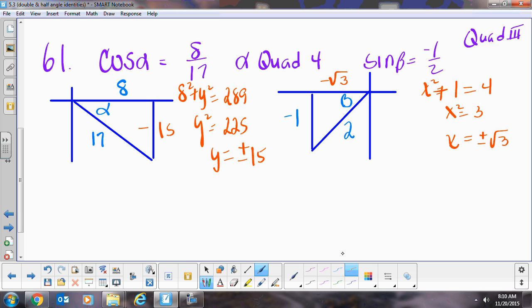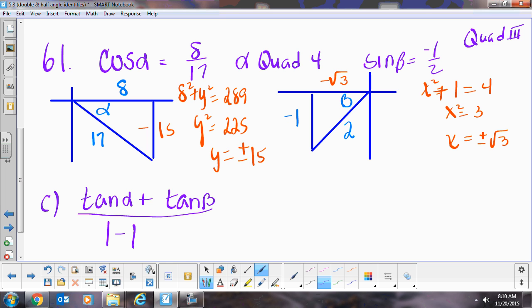All right. I don't know what we're supposed to do. Oh, you wanted the tan one. This is part C, isn't it? Okay. And did they say tan of the sum? So we're going to do tan alpha plus tan beta over 1 minus tan alpha tan beta. So the question is, what is tan alpha?